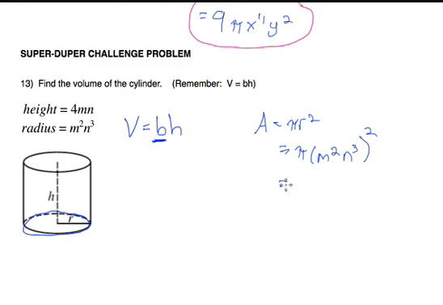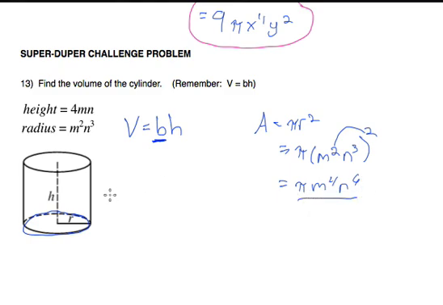Well, this is simple. We got pi times, we distribute the 2. What's m squared squared? That's just m to the 4th. And what's n cubed squared? That's n to the 6th. There you go. So our base, our area of the circle, is pi times m to the 4th, n to the 6th.